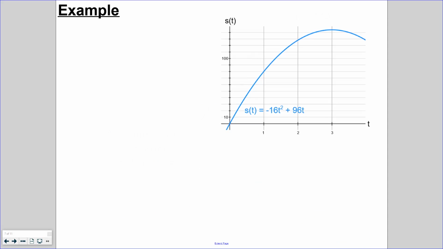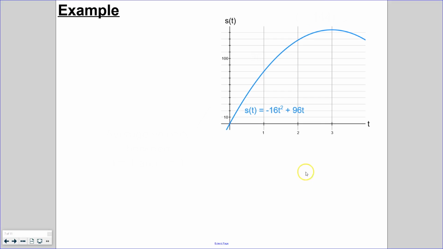All right, so now this is a graph of that particular function of the rocket. S of t is equal to negative 16t squared plus 96. Now, one thing that I want to mention here is that s of t is the position of the rocket as it relates to the ground. So this blue line, our function here, represents how far off the ground our rocket is at certain times.